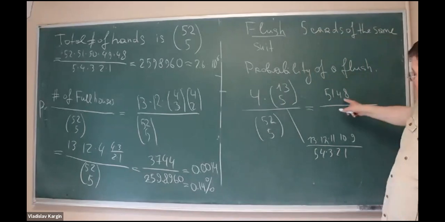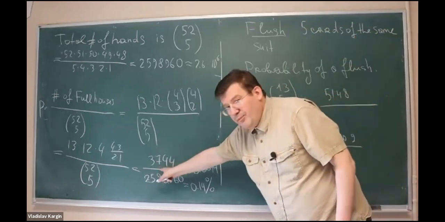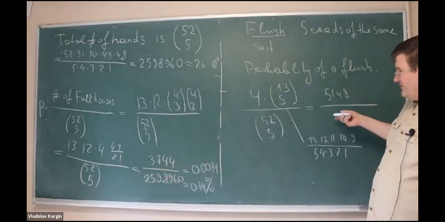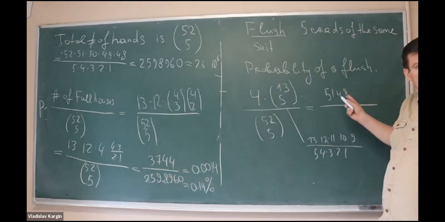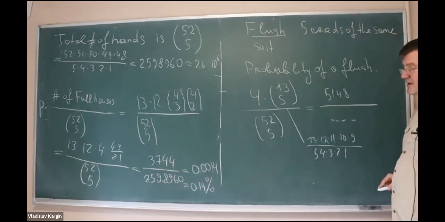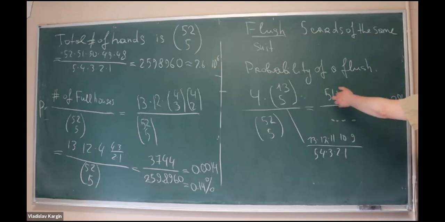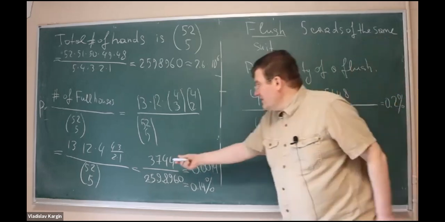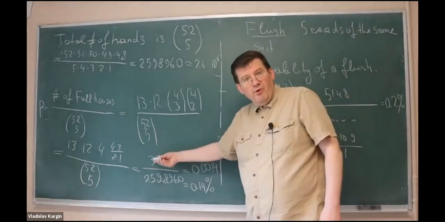Already here you see that this number, 5148, the number of possible flushes, is greater than the number of possible full houses, and the denominator is the same. So we see already that the probability of this is larger. If you calculate it exactly, it is approximately 0.2%. Here it's approximately 5,000, and there, if you round up, it's 4,000.